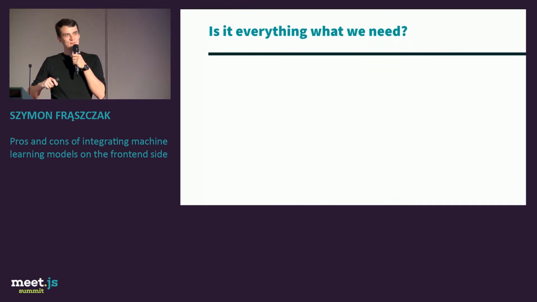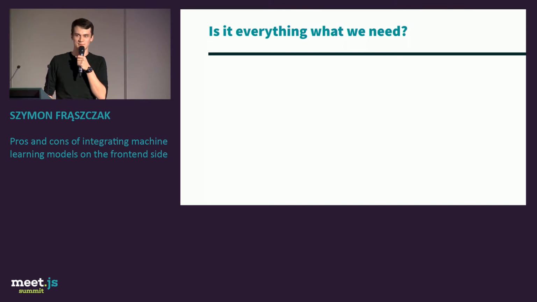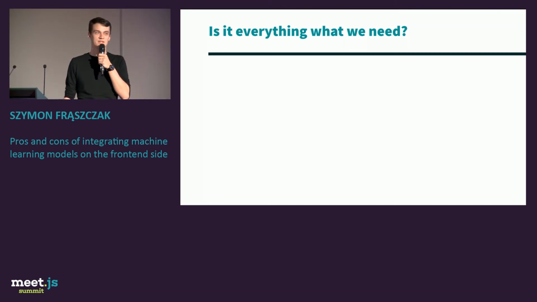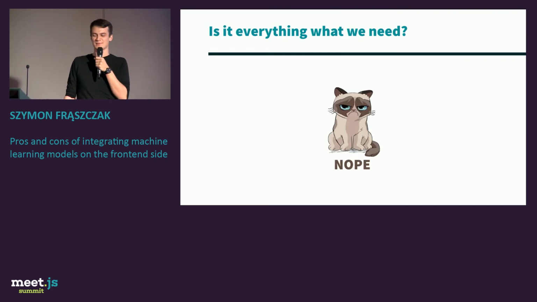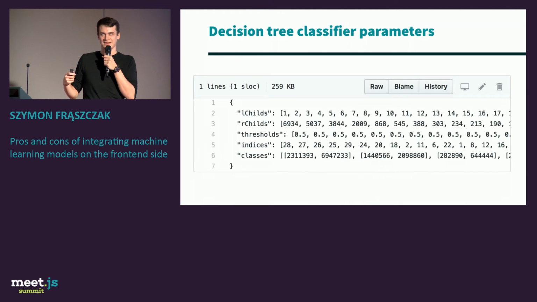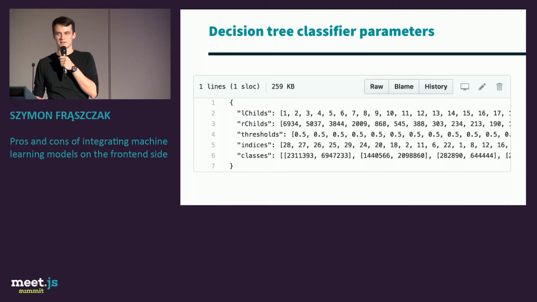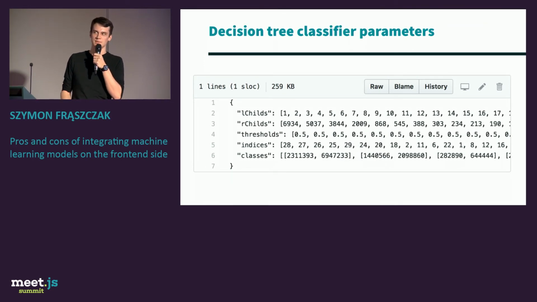It looks like we have everything that's needed to implement our machine learning model, but it's not true, because there is a second part of our output code, and it contains the list of parameters which describe our decision tree.